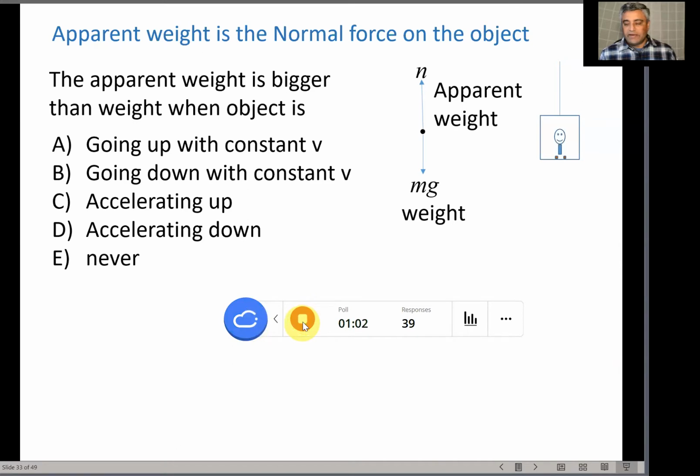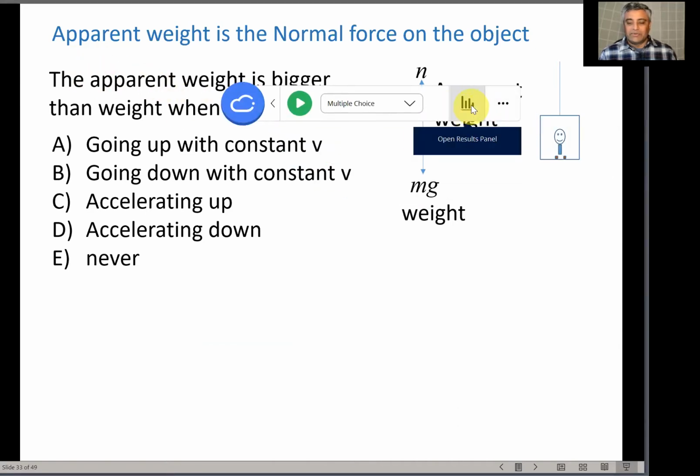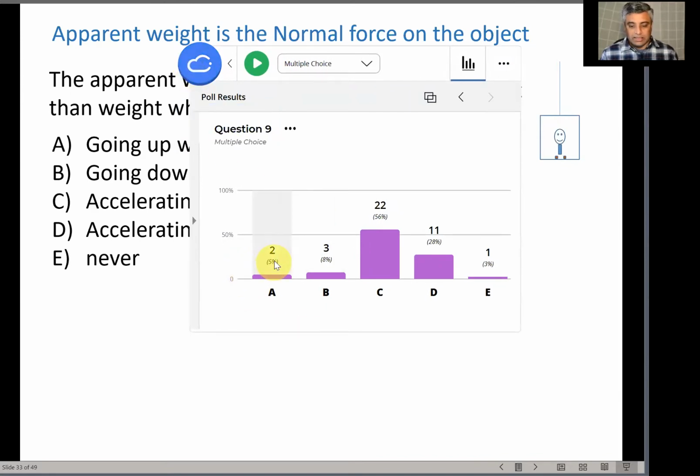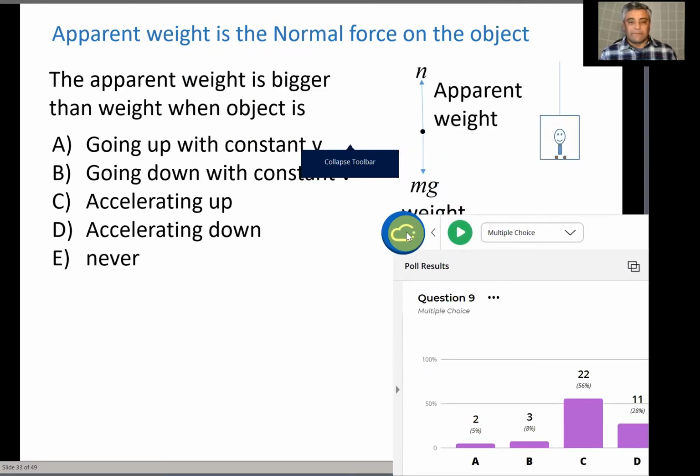Five more seconds. 5, 4, 3, 2, 1, and it stops. Let's see what we got. We got A, B, C, D, and E, and mostly C. But we also got A, B, and E as well. So A, B with constant velocity.